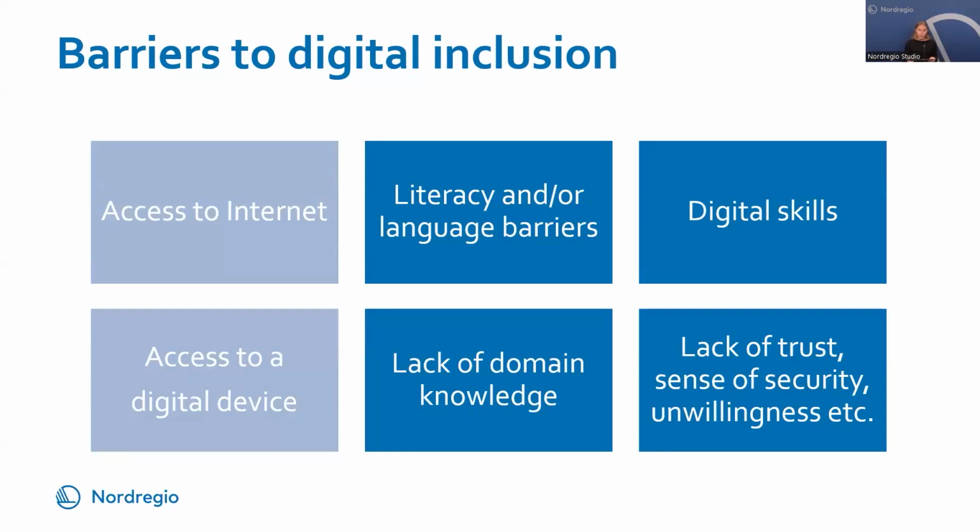Second, we have capability barriers, shown in the darker blue boxes. And these relate to the skills and competence needed to use digital tools. And this includes, of course, digital skills, also literacy and language, lack of domain knowledge, and also a lack of trust or willingness to participate. And both types of barriers can prevent people from fully participating, and often they overlap.